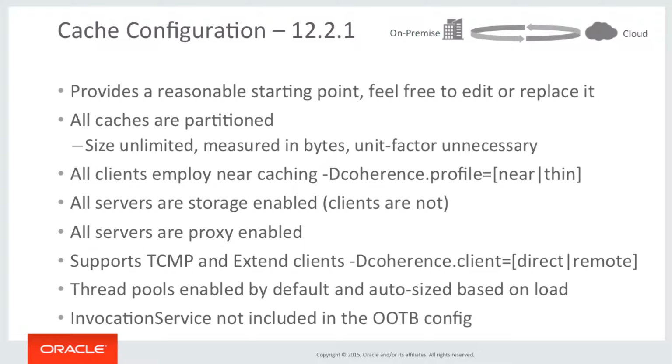Another big change, which I won't go into a tremendous amount of detail on, is the thread pools. So again, historically, we didn't have a thread pool enabled by default, and now it is enabled by default. And it's not just that it's enabled by default, it's a new thread pool implementation.